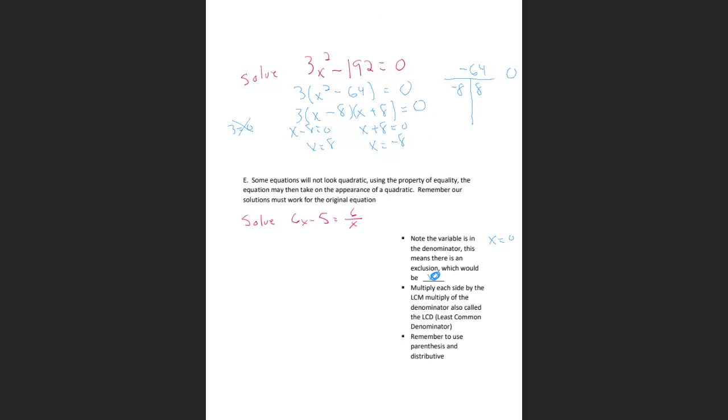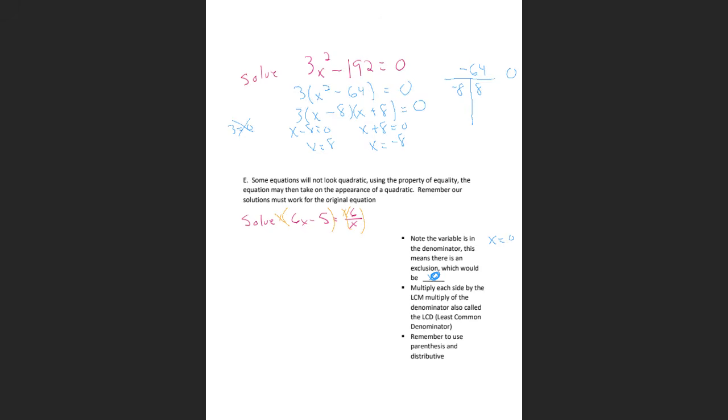So from here, since there is a fraction, we multiply by the least common multiple to get rid of the denominator. And since x is the only denominator, that is my LCM. So I'm going to multiply each side by x to make the fractions go away. Remember, we put each side in parentheses and use multiplication. On the left side, that's the distributive property.